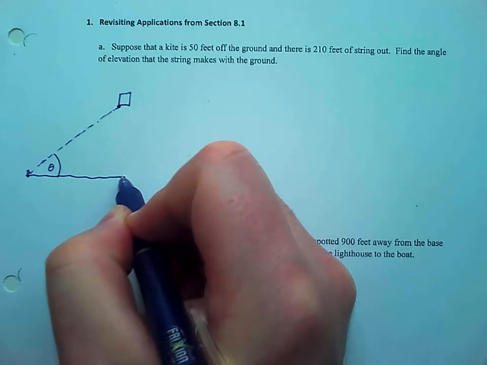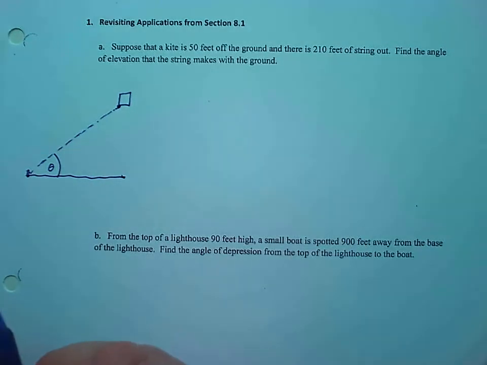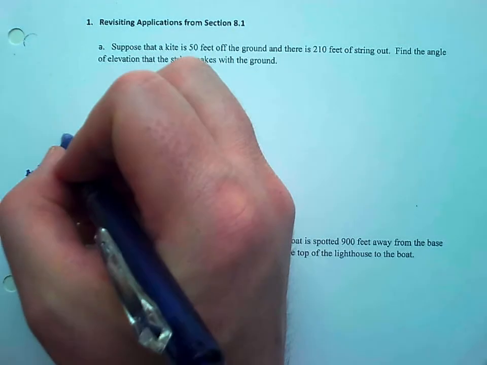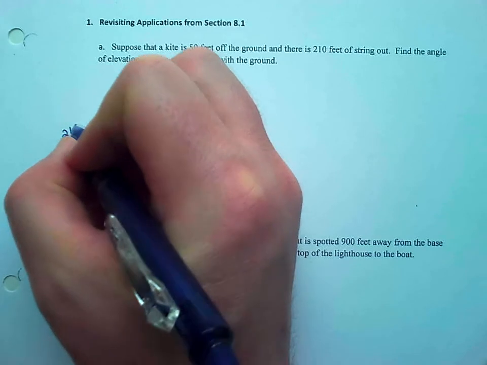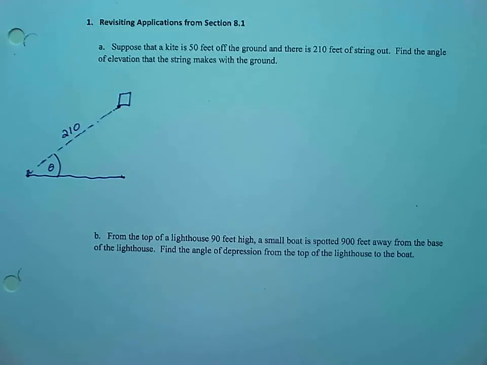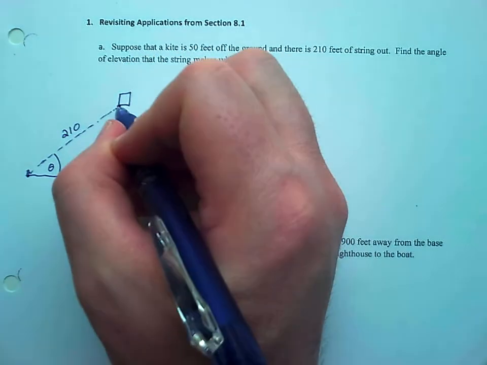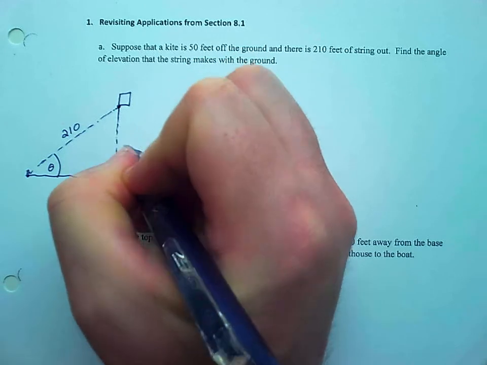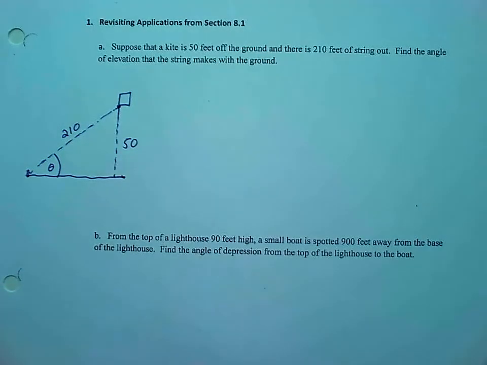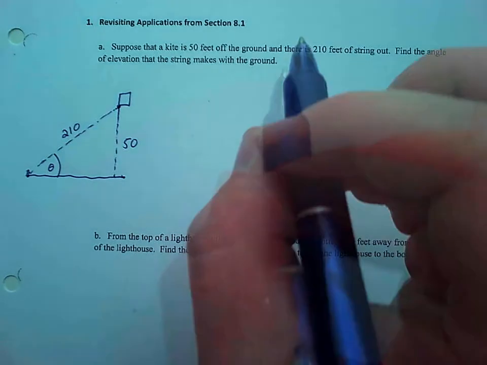Our angle of elevation always goes from the horizontal to the object. We know that there are 210 feet of string out, and that the kite is 50 feet above the ground. We're trying to find theta.